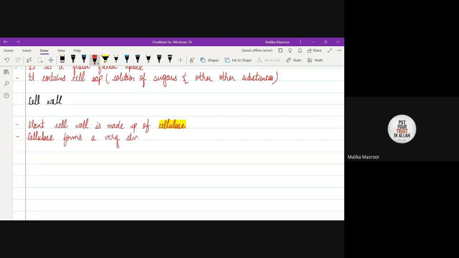It helps to protect and support the cell.